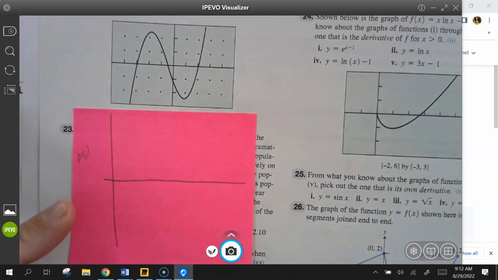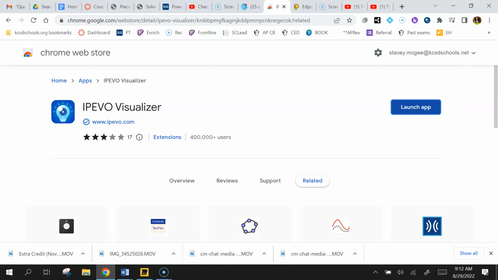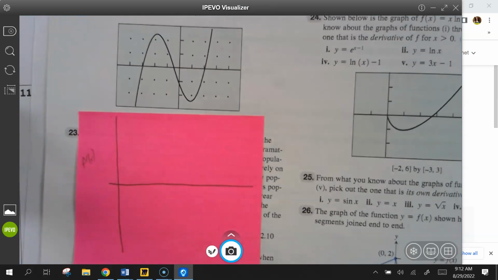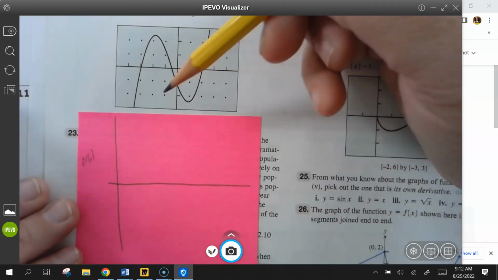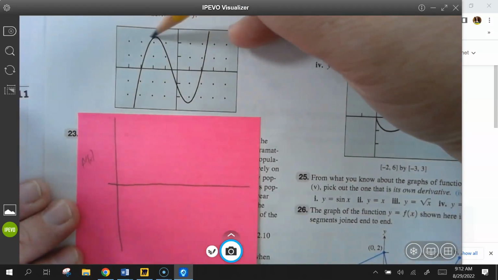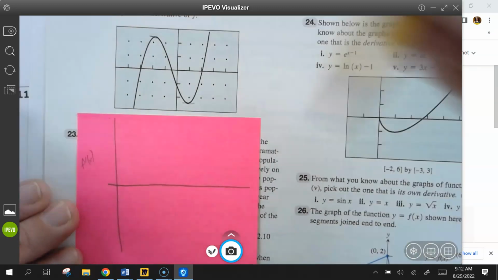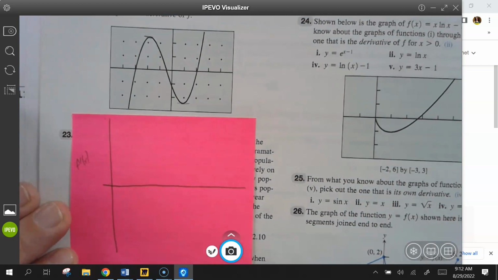Where I always start is where it's 0 because those are the easiest to estimate, right? Okay, I'll try not to let my arm touch it. Here, I have a slope of 0, right? Maxes and mins, that's where it's happening. That's where I'm going to be 0.